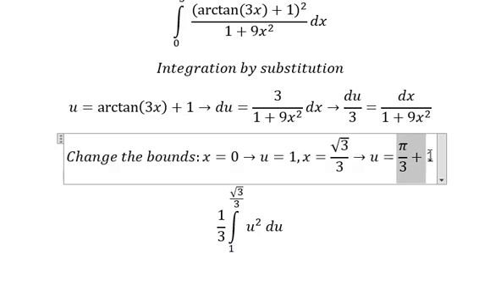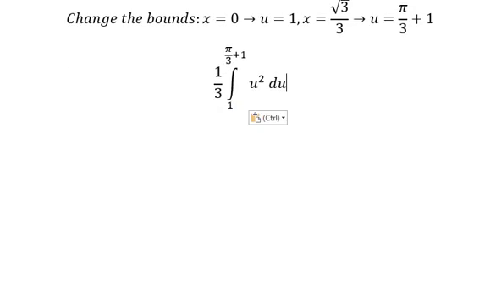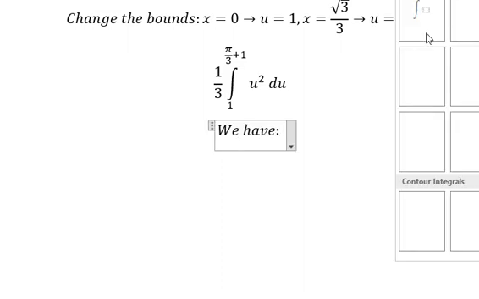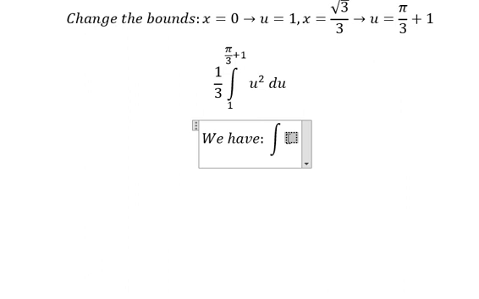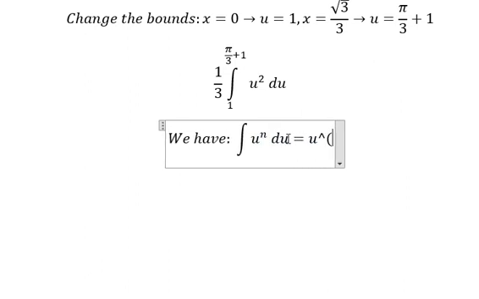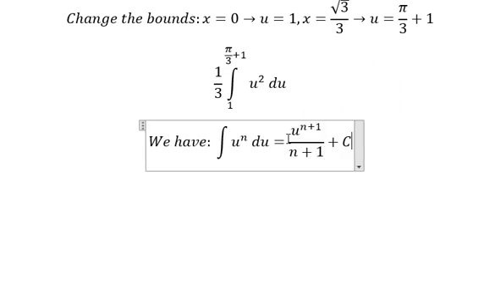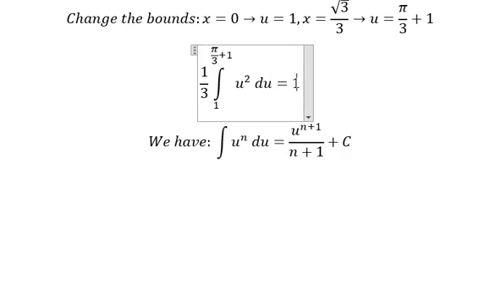This one we change by this one. Now we have the second formula in here. So this one should be like this.